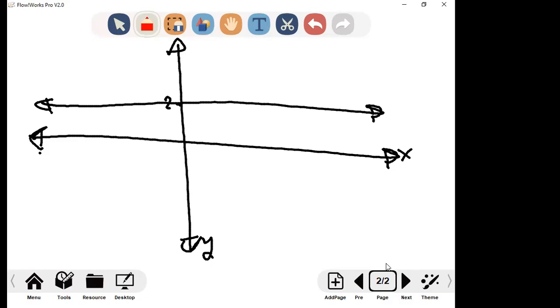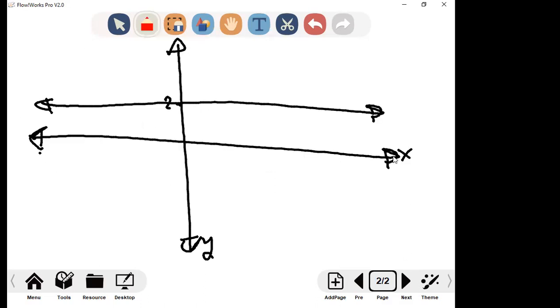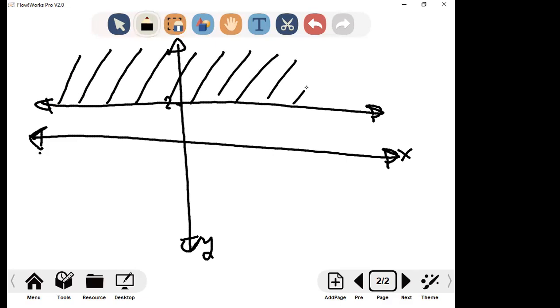We need to shade for each one. Y is more than or equal to 2. If you have a horizontal line, guys, more than is up, less than is down, which means the values of y here are more than 2, the values down here are less. So here, up. This is the first inequality.